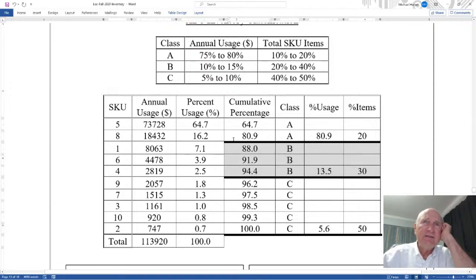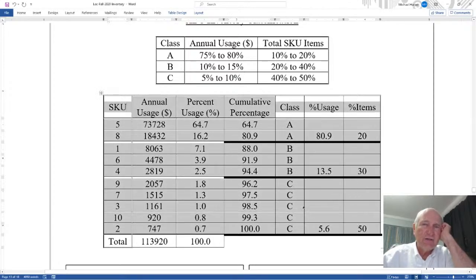And all this is a way to monitor and organize your inventory, and decide how much effort to put on the right items. You don't want to make the mistake of having a Class A analysis on a C item or a Class C analysis on an A item. Now, these 10 items, it's easy to see.